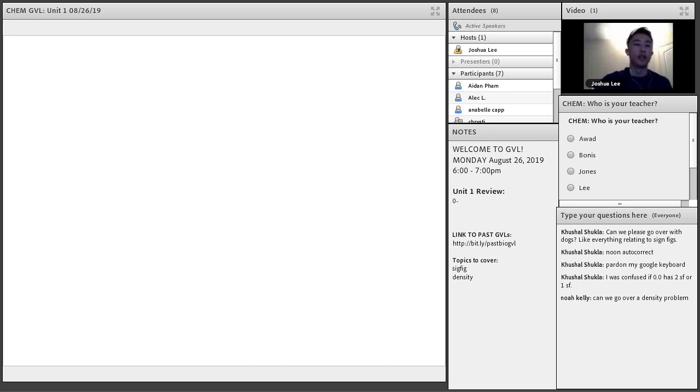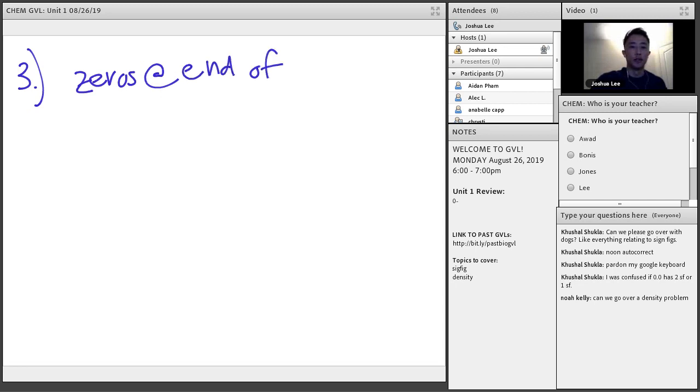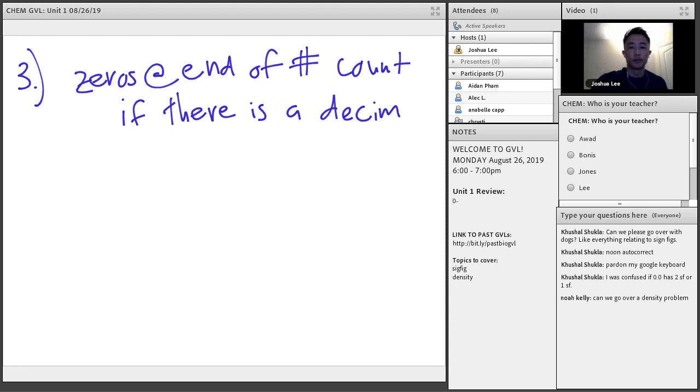And the last one for zeros: zeros at the end of a number count if you see the decimal. So now we're talking about zeros at the end.